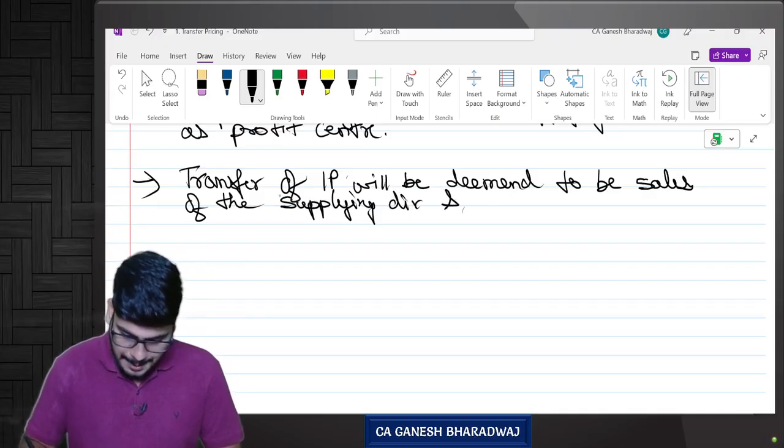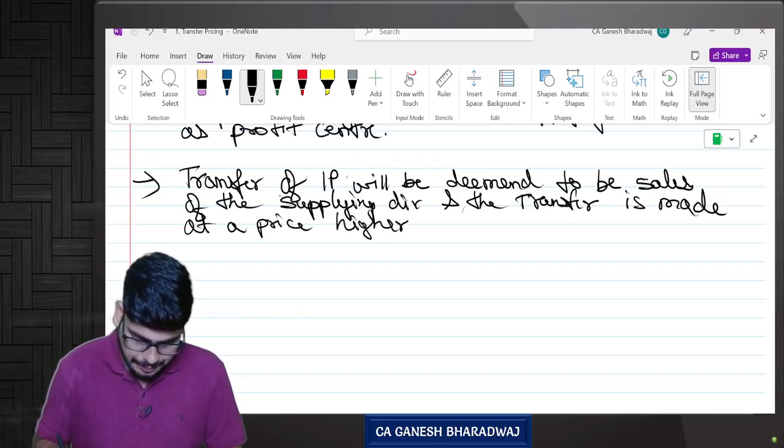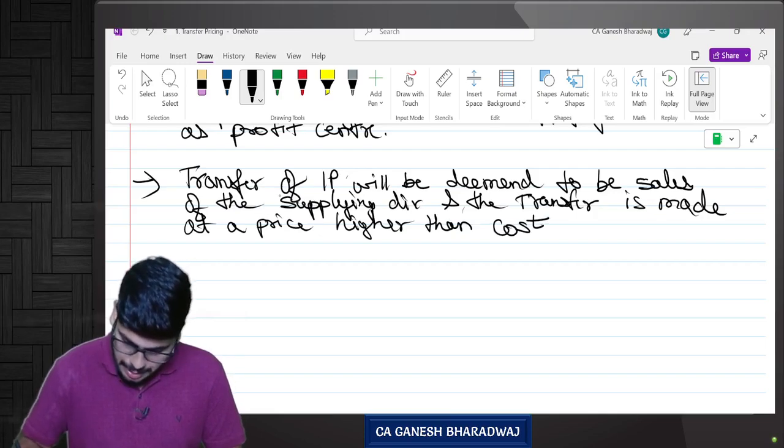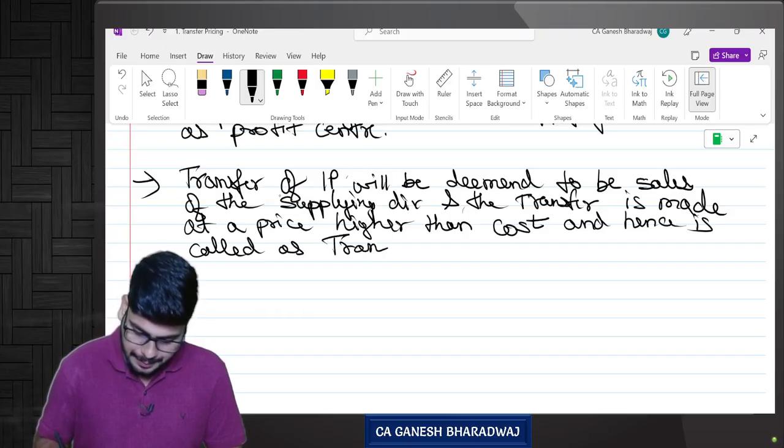And the transfer is made at a price higher than cost, and hence is called as transfer price. Right?